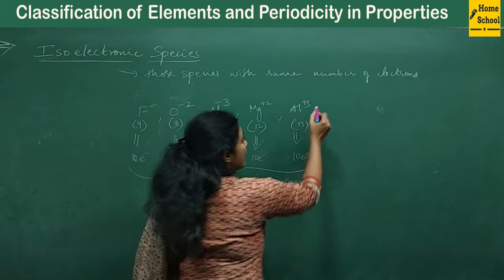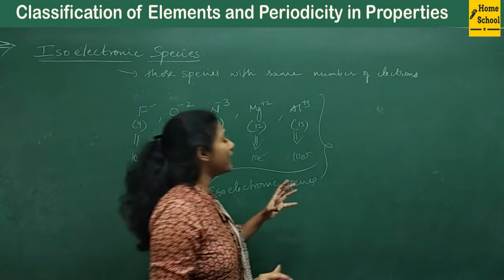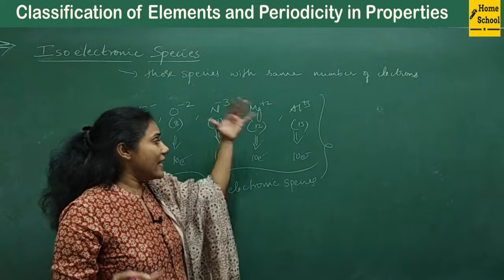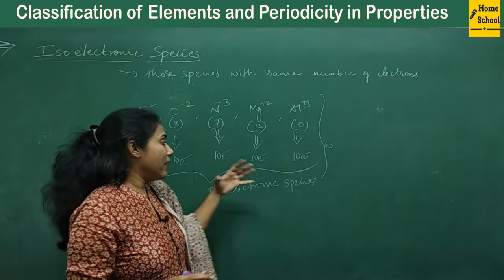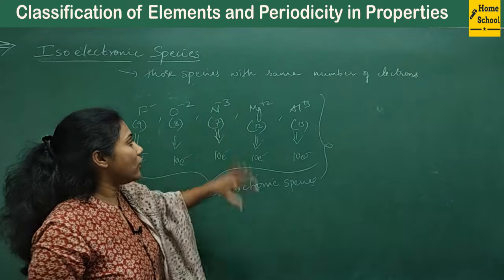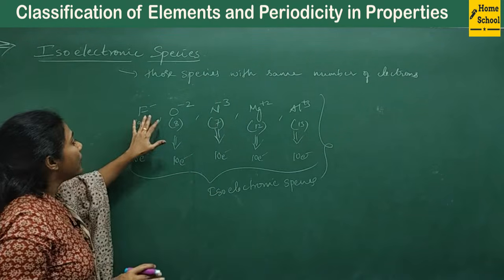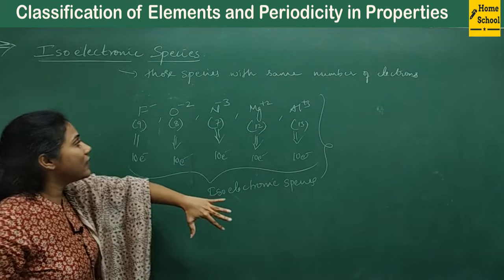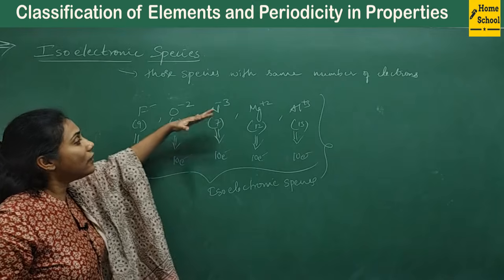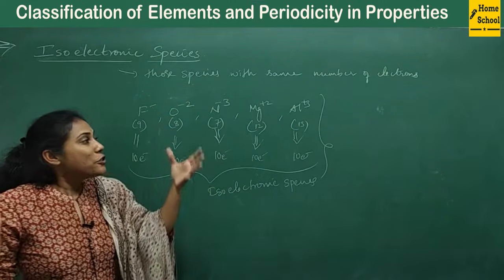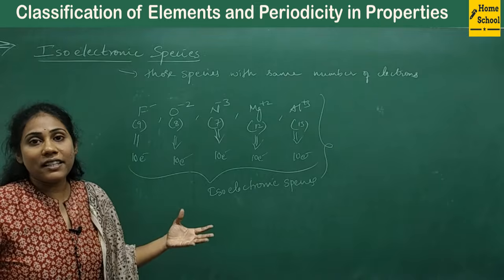After this you have to decide which ion has more size or less size among isoelectronic species. You can't just decide based on atomic number. Fluorine, oxygen are in the second period, and Mg and aluminium come in the third period, and they don't belong to the same group, right? So how would you judge the size here?